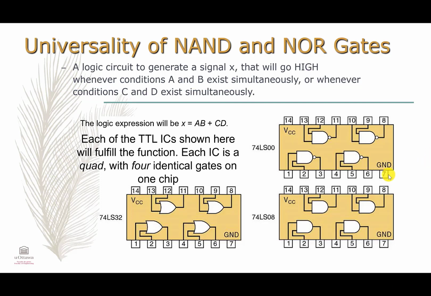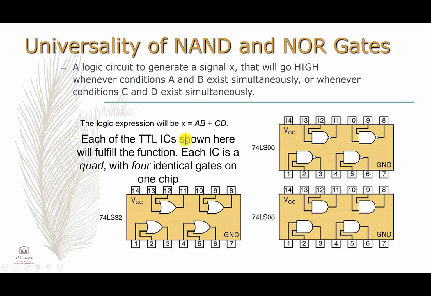So, as we can see here, the logical expression for function X can be expressed as A and B, or C and D. The engineer from Intel told you that you have three types of integrated circuits, ICs, all built from the transistor to logic architecture.